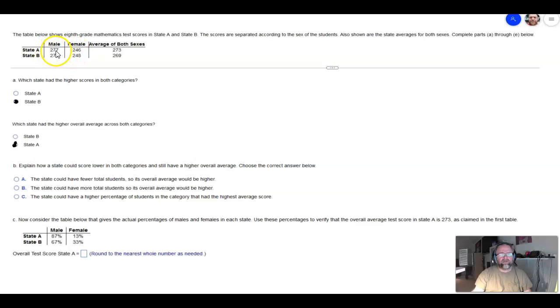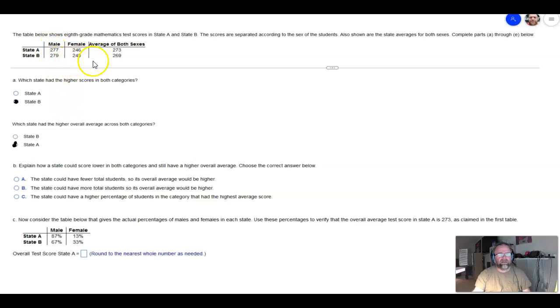It's much closer to the male, so that indicates that maybe there were a lot more males here than females, because when we added up all of the scores and divided by the number of people, we got this. 273 is only 6 away from the males, but it's like 27 away from the females. That means that we definitely had to have a lot more males here.